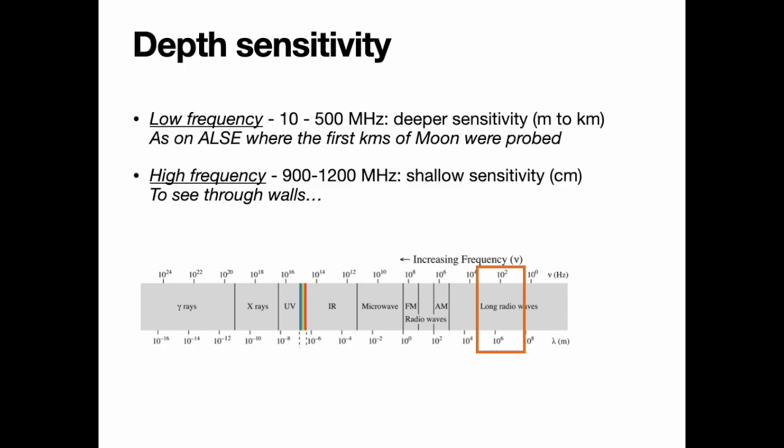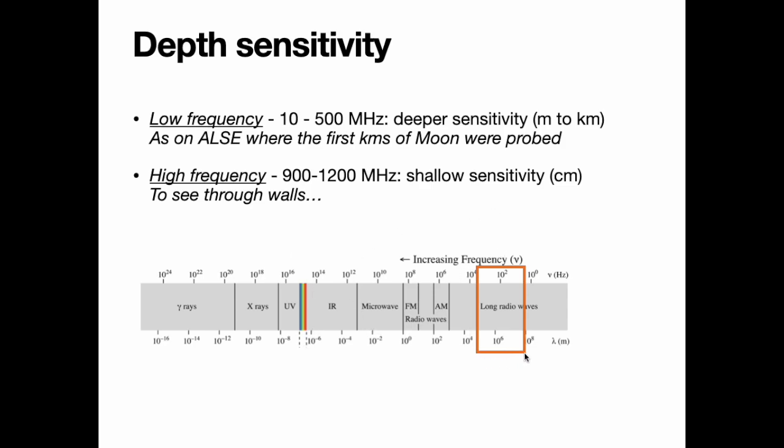So again, as with all geophysical exploration methods, there is a depth sensitivity which is related to frequencies. So you have the spectrum here of electromagnetic waves, from the gamma rays to the long radio waves and the visible light here.